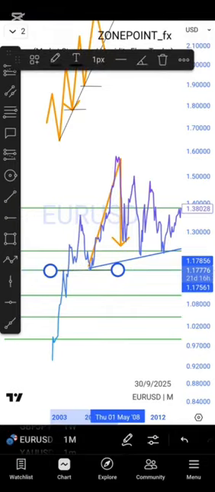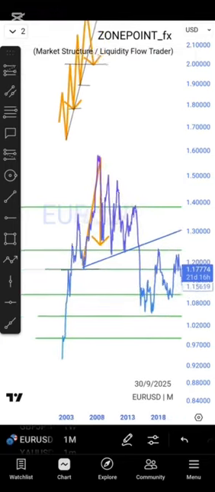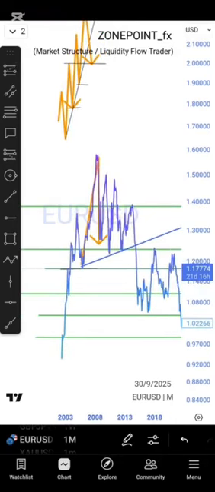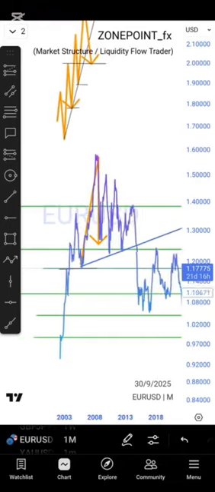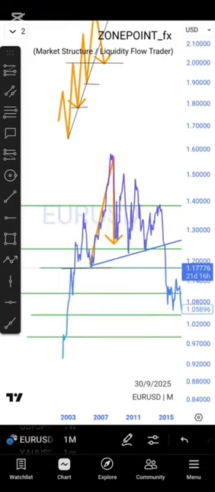And once a level has been used multiple times, we do not expect, and price has already broken a trend line telling us it's selling, not buying, so we are not expecting price to retest from this place short, because price has used it multiple times. So what we do is look for another key level.